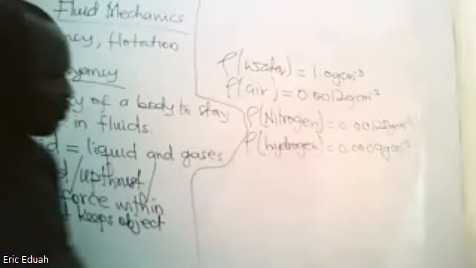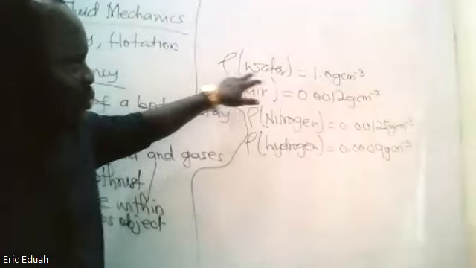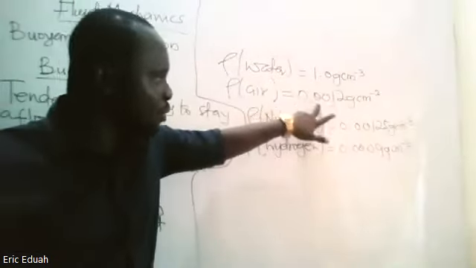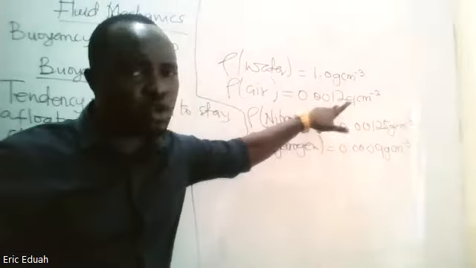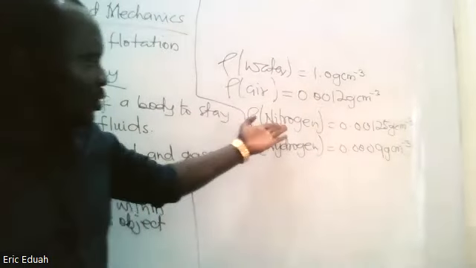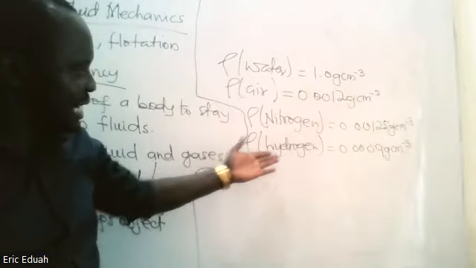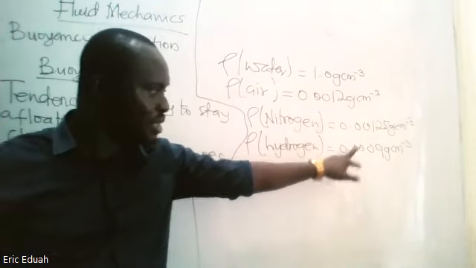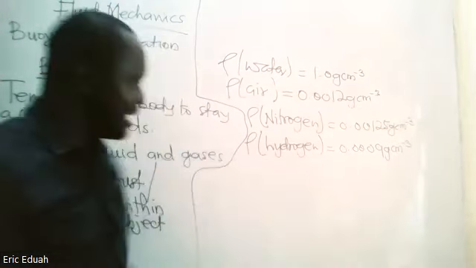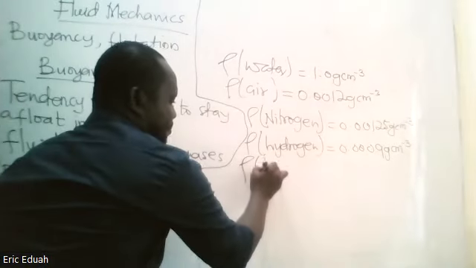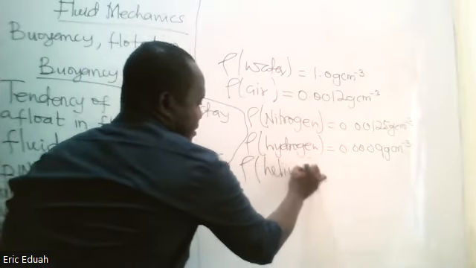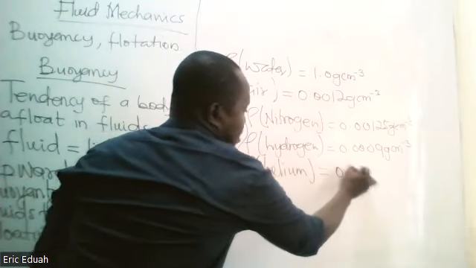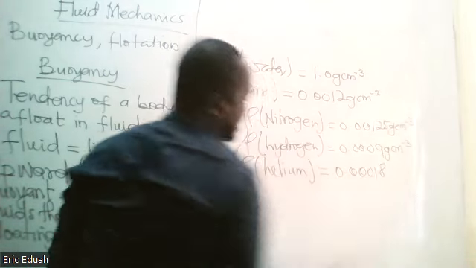Okay. So look at the density of water, 1, and that of air, 0.001, so small. You look at that of hydrogen. Hydrogen is one of the lighter gases, 0.0009, and that of helium, 0.00018.